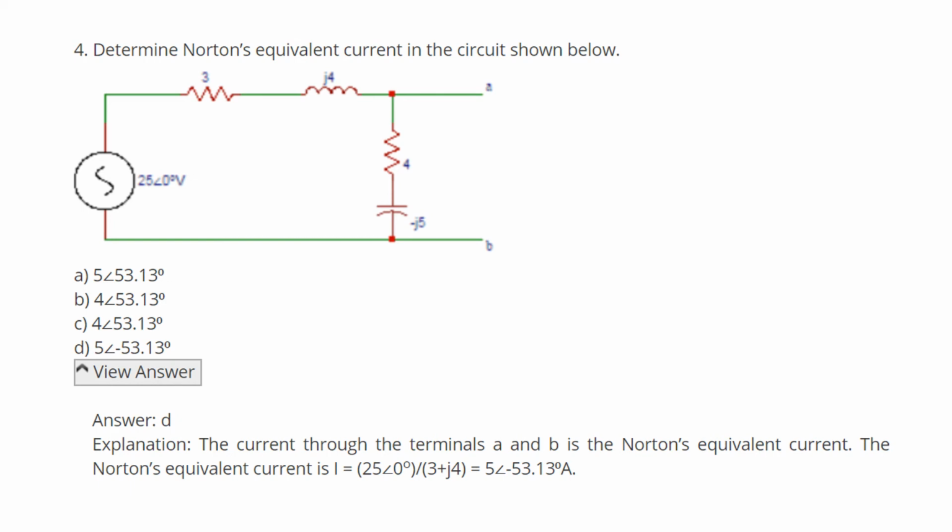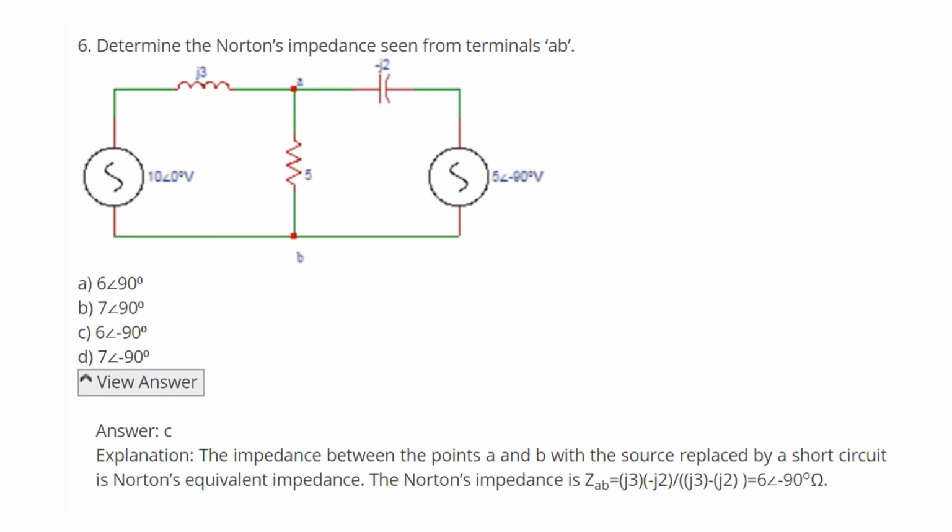Next. Determine the Norton's impedance seen from the terminal AB. When we view from terminal AB, what is the Norton impedance? Options are A, 6 angle 90 degree; B, 7 angle 90 degree; C, 6 angle minus 90 degree; D, 7 angle minus 90 degree.